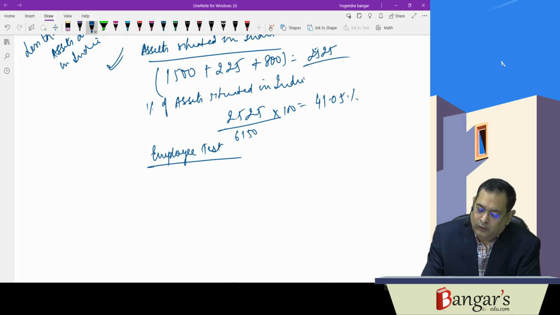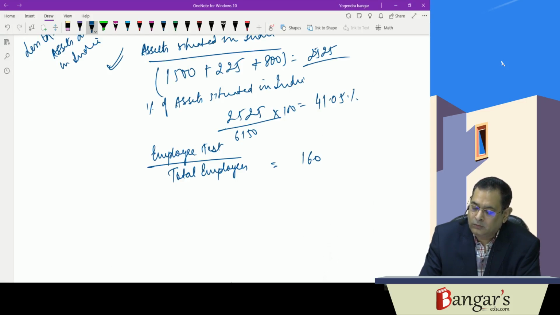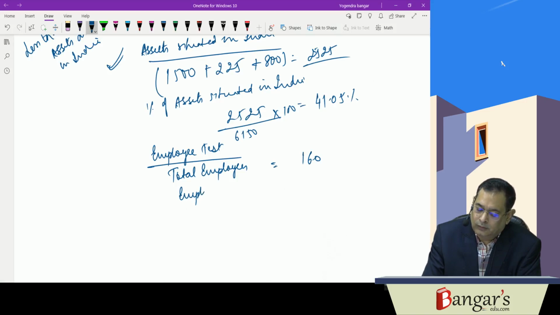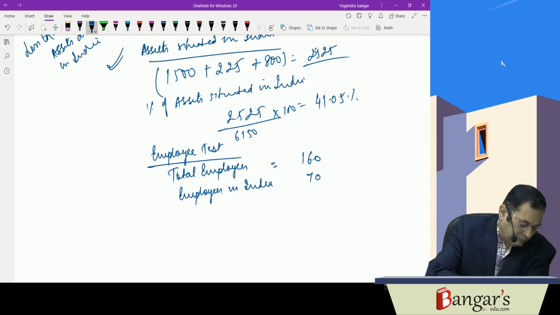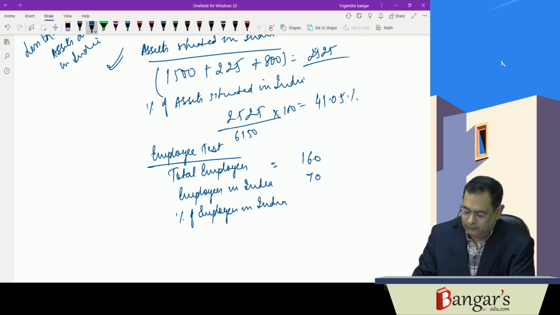So total employees is 160. Employees in India is 70. So the percentage of employees in India is 70 divided by 160.